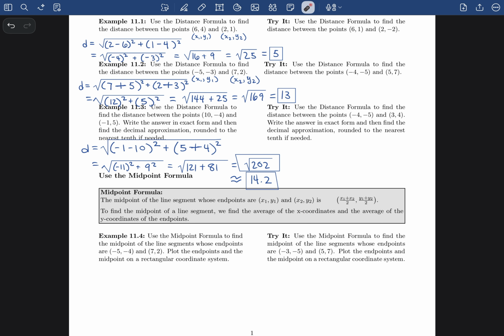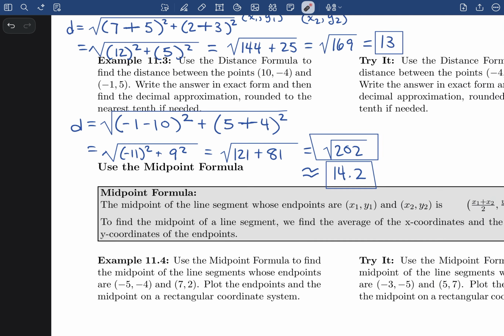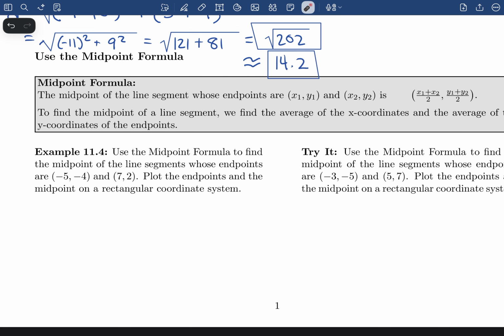Cool. So let's apply this in example 11.4. Use the midpoint formula to find the midpoint of the line segment whose endpoints are (-5, -4) and (7, 2). Plot the endpoints and the midpoint on a rectangular coordinate system. Great. So I'm just going to leave this formula right here so you see this as I do this.